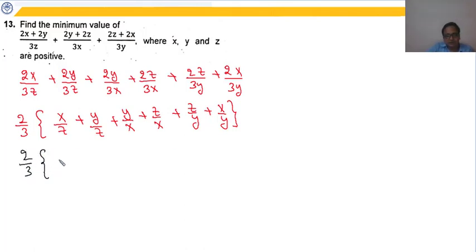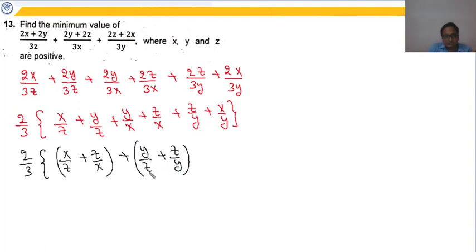If we carefully observe, we had the first term as x by z, so we had one term as z by x also. Just club them as they are reciprocals of each other. If we have one term as y by z, we have one term as z by y also. X by z, y by z, and if we have one term as y by x, we have the last term as x upon y.